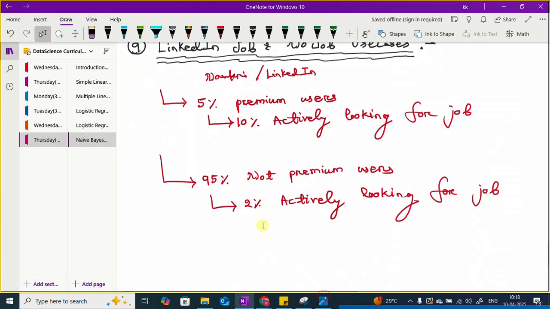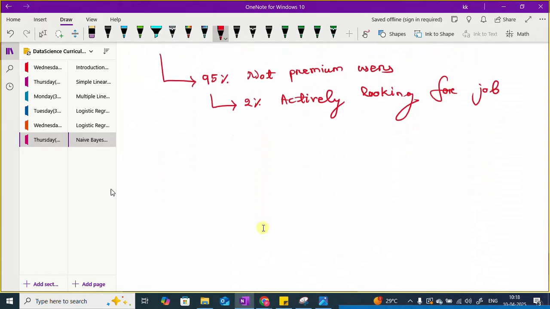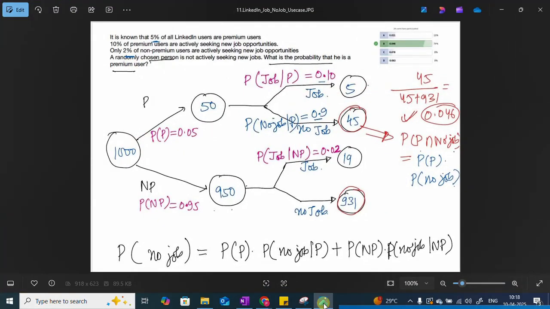Now, what is the question? What is the problem statement? I choose a random person. A randomly chosen person is not actively seeking a new job.